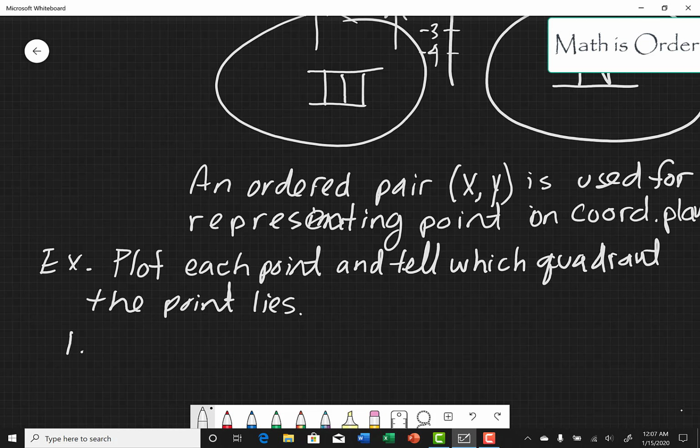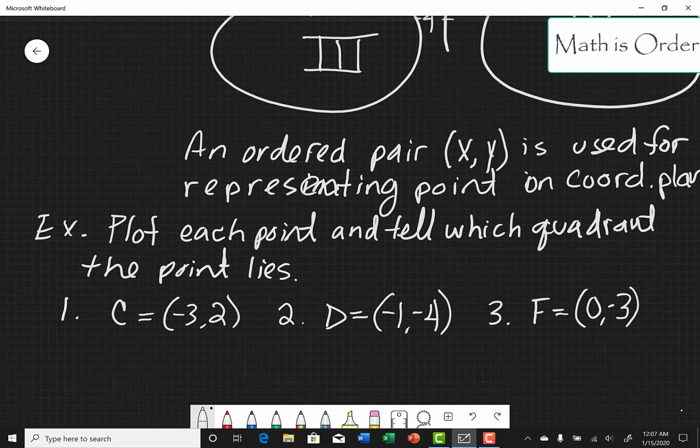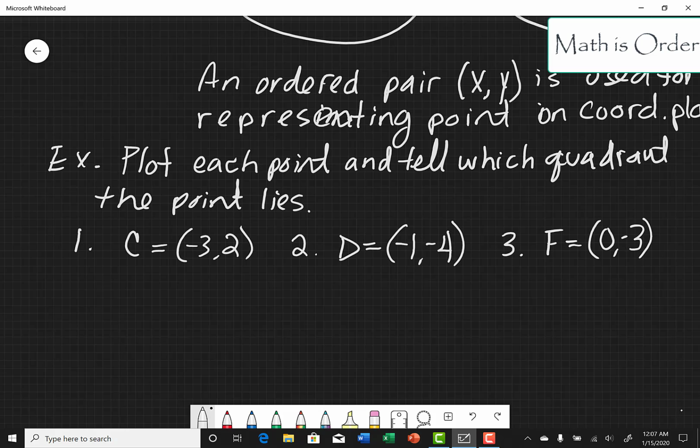Let's say the first point is C, and C is at -3, 2. The second point, let's say, is D, at -1, -4. And the last point, let's call it F, is at 0, -3. Our goal is to plot each of these points on the coordinate plane and tell which quadrant the point lies in.